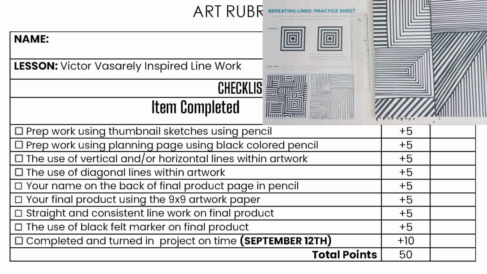The use of vertical and or horizontal lines, the use of diagonal lines. Is your name on the back of your final product page in pencil? Your final project using the 9x9 artwork paper provided. Straight and consistent line work on your final product. The use of a black felt marker on the final product, and if it is turned in on time. This is how you earn your A.